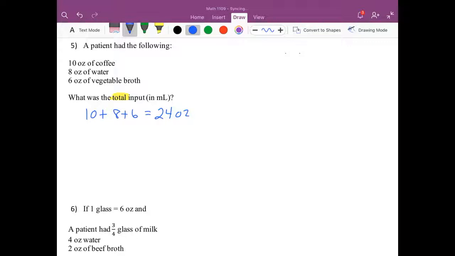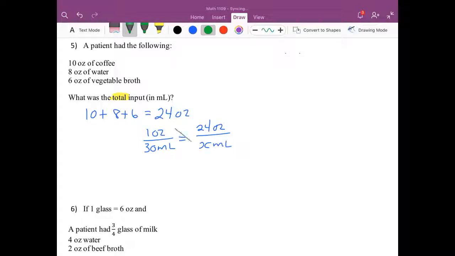But I want this in milliliters, and I know 1 ounce is 30 milliliters. So 1 ounce, 30 milliliters equals 24 ounces is how many milliliters?